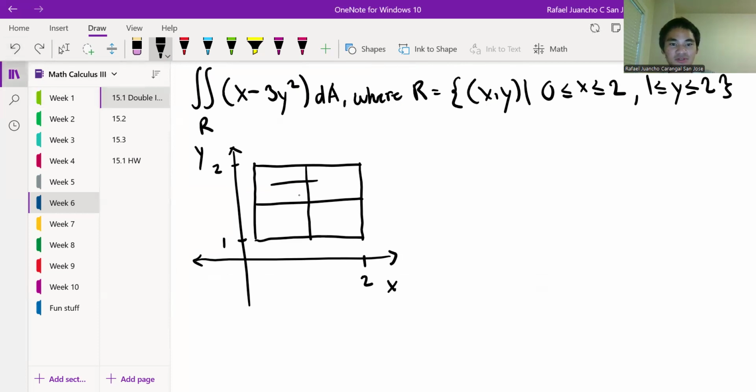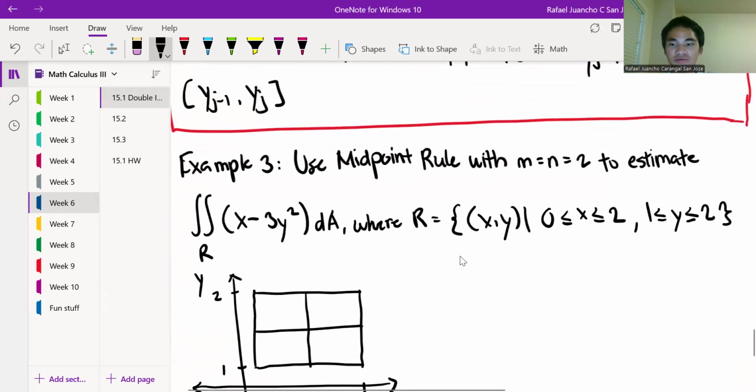So the procedure here is to look at each of these boxes. That's my j moving. And then I'm going to look at these boxes, and that's my i moving. Okay? And then I divide these.